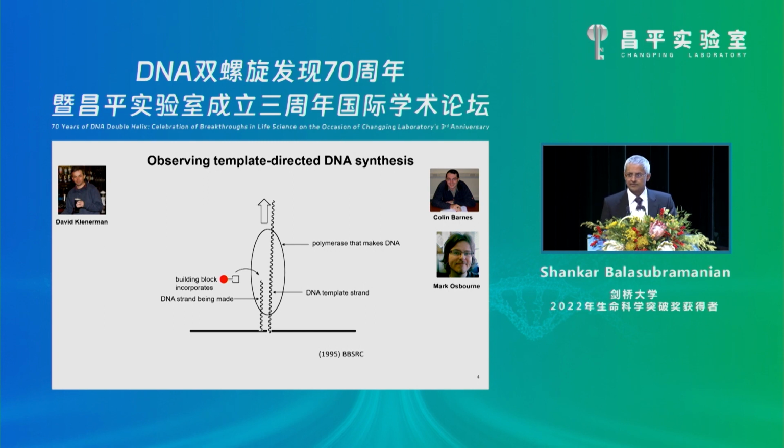And my background is organic chemistry, and I learned about the kinetics and the mechanism of DNA polymerases from my time as a postdoc with Stephen Benkovic at Pennsylvania State in the USA. And I was introduced to this character, David Klenerman, who was a physical chemist, a laser spectroscopist, who had trained in Dick Zare's lab at Stanford.